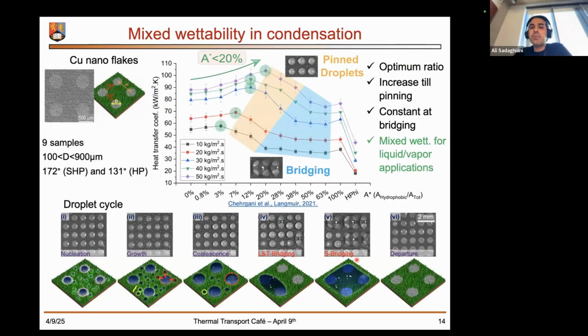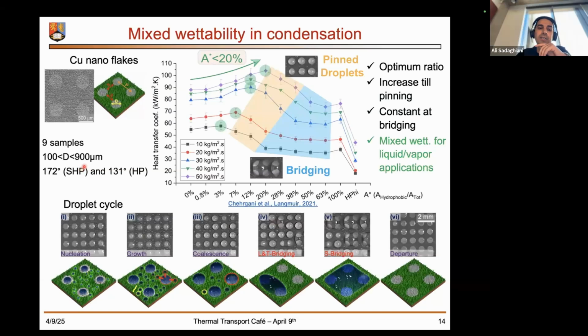So the idea behind mixed wettability in condensation is basically to take advantage of hydrophobic spots that enhance the condensation, and a superhydrophobic background which repels the droplets and provides more vacant area for the condensation.